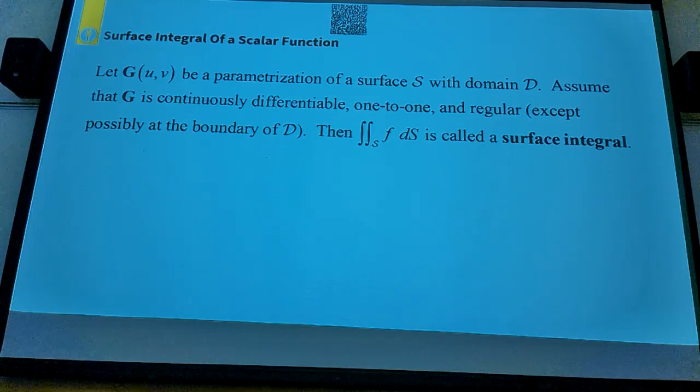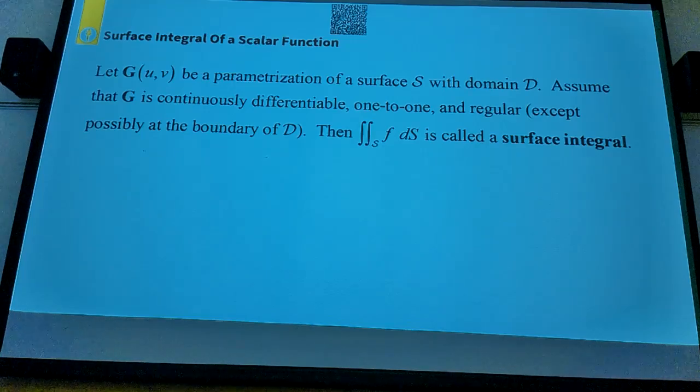parameterized surfaces. And so we say G is a parameterization of the surface S with the domain of D. Assume that G is continuously differentiable, one-to-one, and regular, except at the boundary of D. Right, then the double integral over S of f dS is called a surface integral.